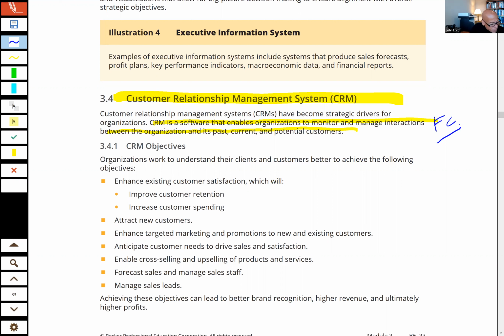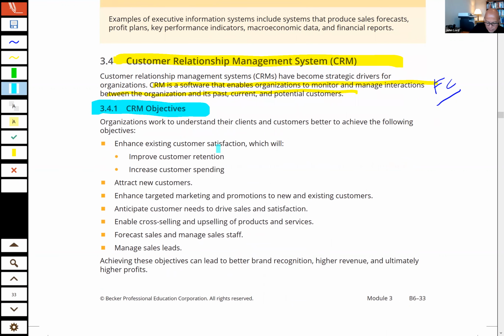But anyway, let's see what some of the CRM objectives are. And I'm not going to ask you to highlight these things, because I think, if you've experienced things like what I'm just talking about, you've already dealt with these. Anticipate customer needs, right? Drive sales and satisfaction. Enable cross-selling, upselling of products or services. Oh, you bought a pair of pants.